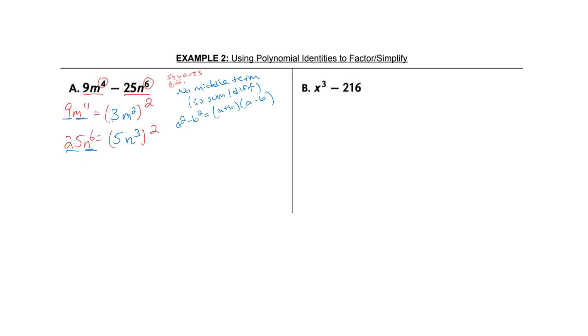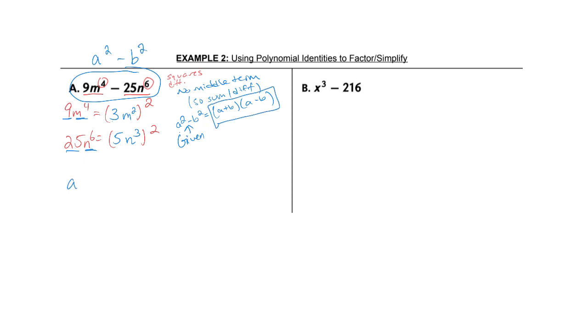So we're given this one. This is what we're given. That's what this is right here. This is a squared minus b squared. What we want to do is factor it out, knowing what a is and knowing what b is, and write it into this.